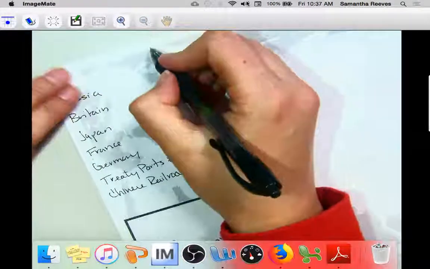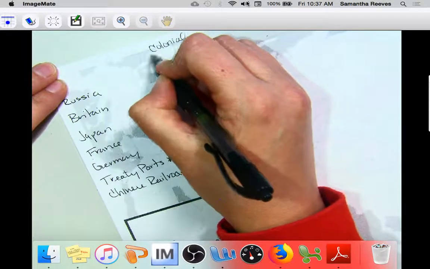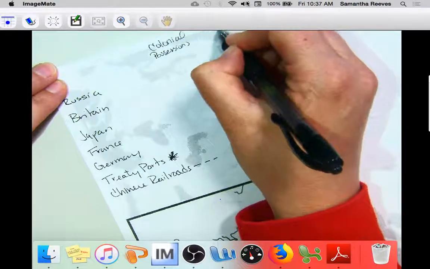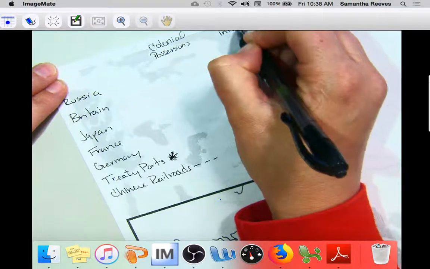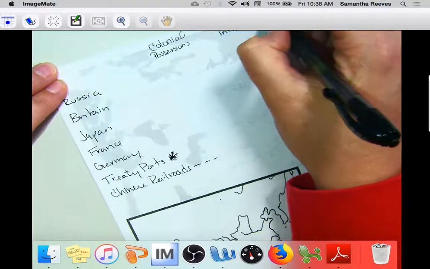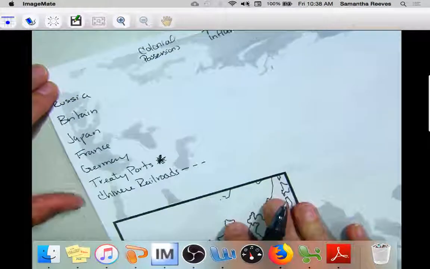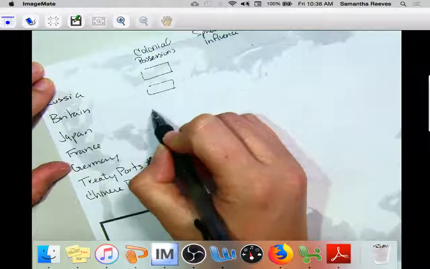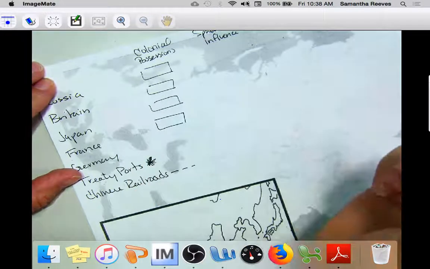Okay, there's 3 columns to them. First one is colonial possessions. Spheres of influence. And then railway. Okay. Russia, Britain, Japan, and France get a box for the colonial possessions.